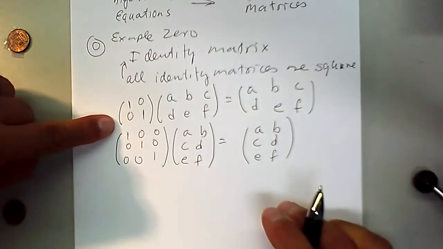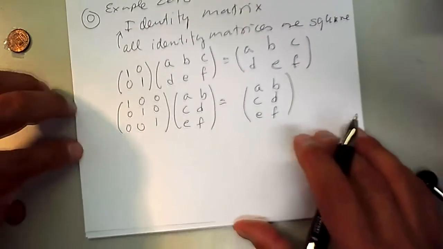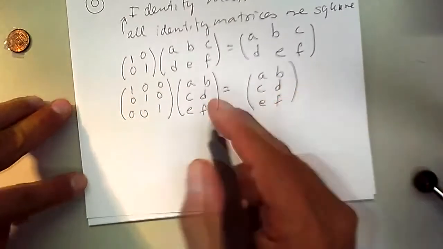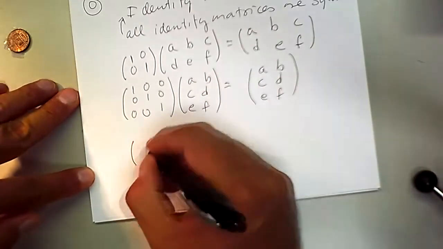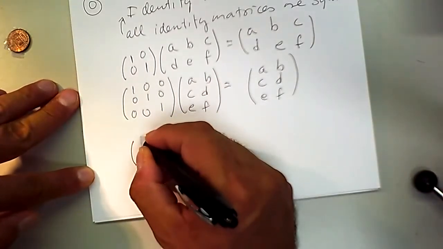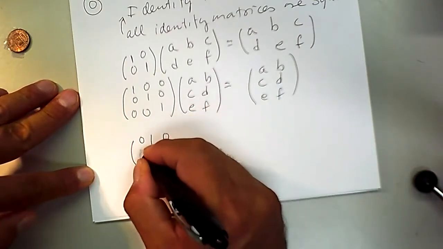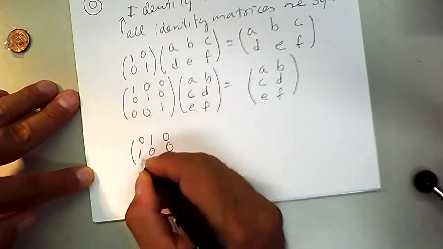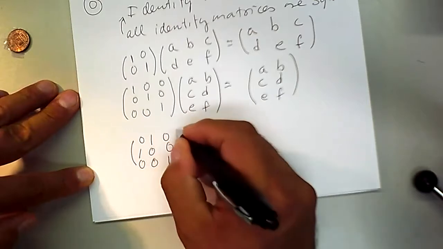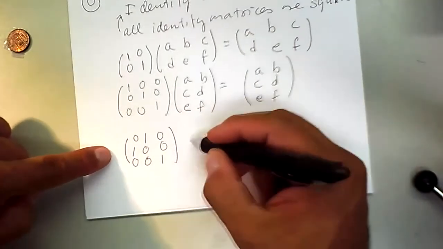Now let's switch two of those rows. So if we put down 0, 1, 0, 1, 0, 0, and then leave the last one alone, 0, 0, 1. So we are switching two rows.